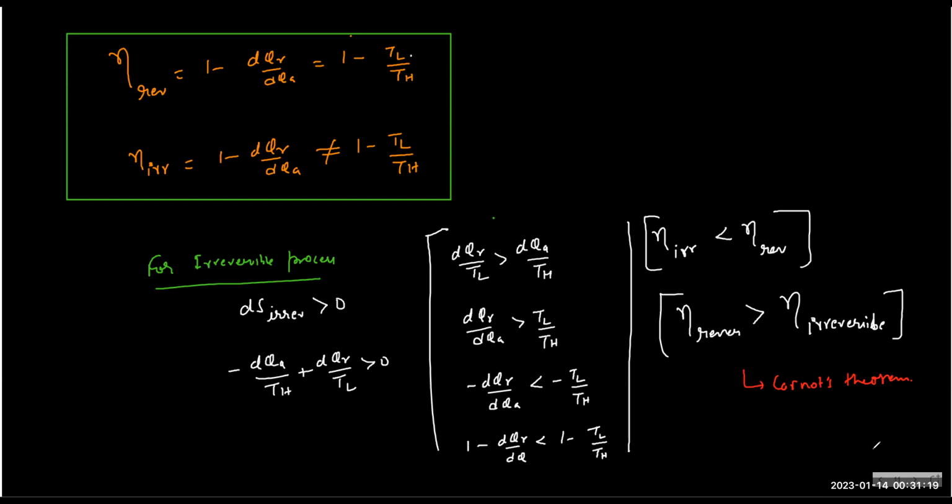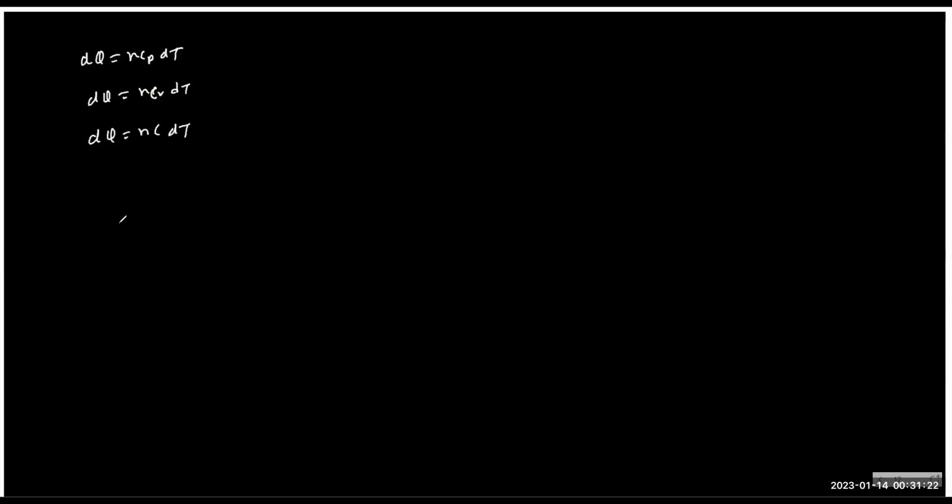And this actually is Carnot's theorem. What Carnot said is that if you have a set of heat engines, and every heat engine is working between two fixed temperatures, TH and TL, then every engine, no matter what fuel they consume, will have efficiency independent of the working substance.